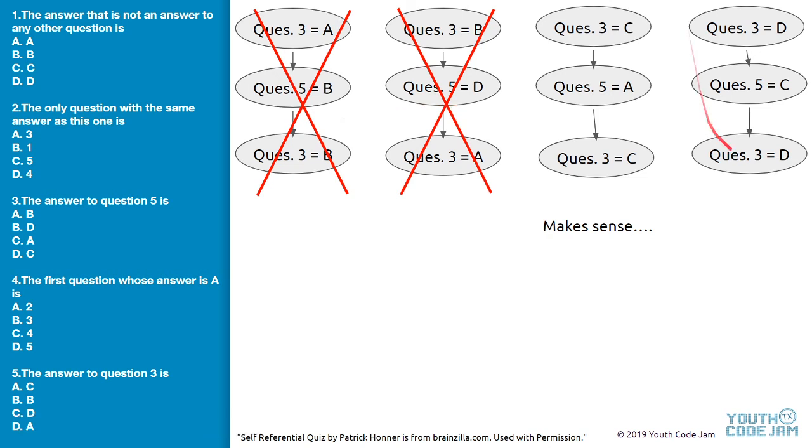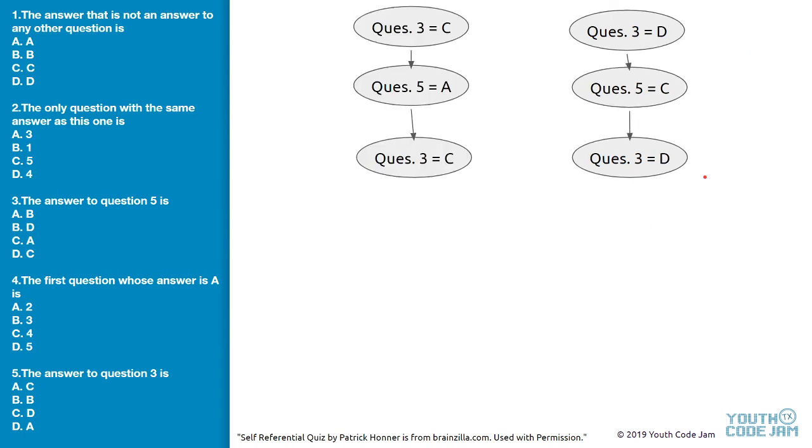Question 3 is always equal to D, and question 5 is equal to C. So these are our only two viable scenarios, the only two ways that it could be. So we're going to get rid of those other two, space these out, because we're going to be drawing more layers to our tree.